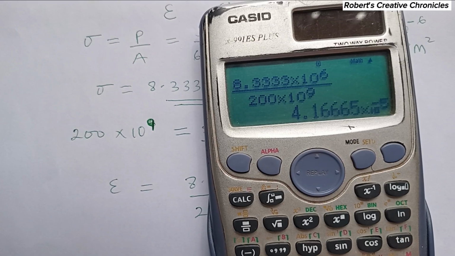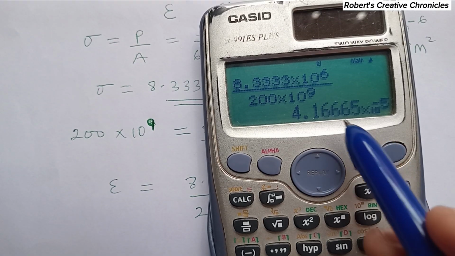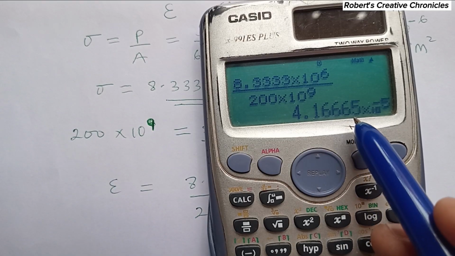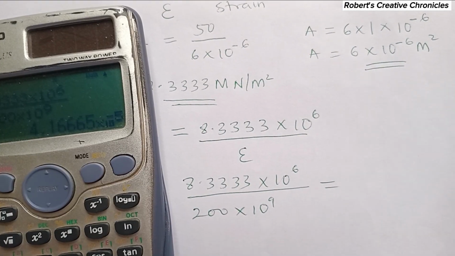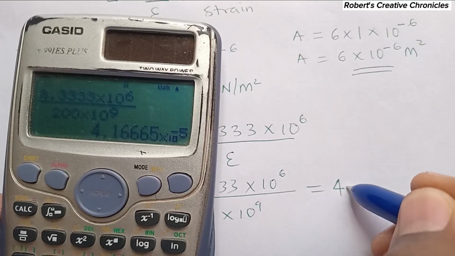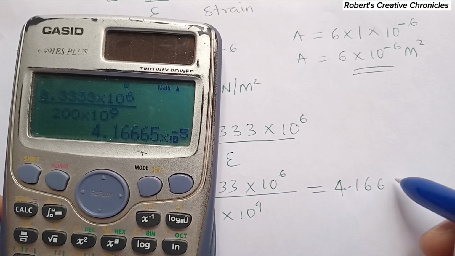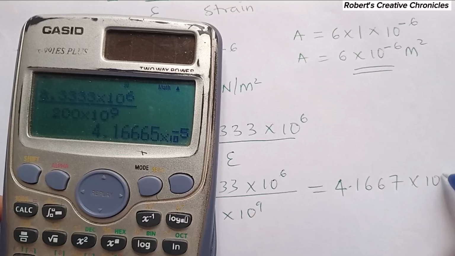So this is 4.1667 times 10 raised to the power of minus 5.